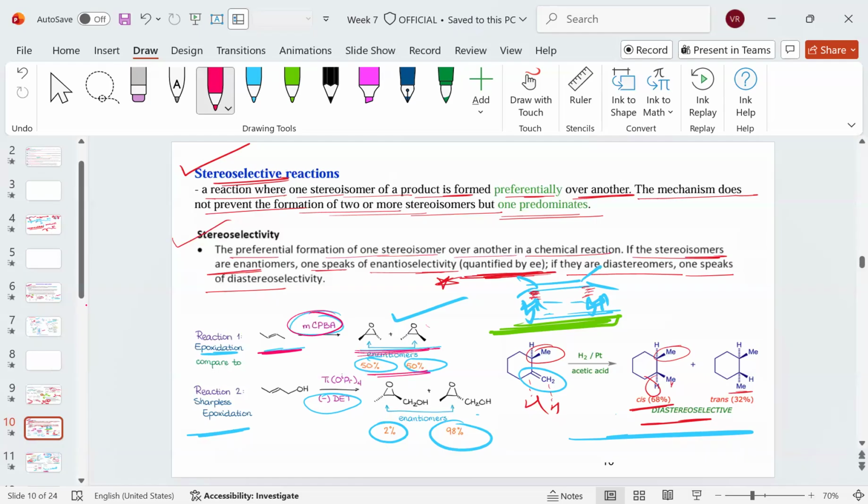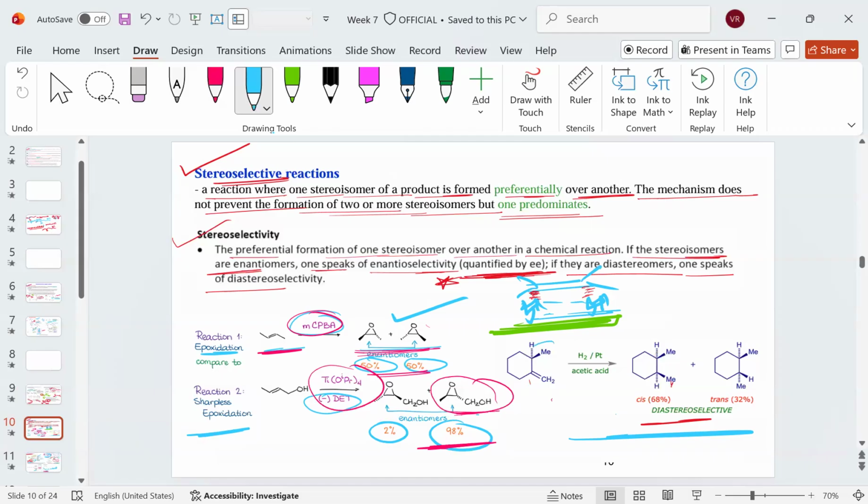But when we do the Sharpless epoxidation, using the diacetyl tartrate, we can increase the selectivity. We are getting 98% product formation, so only one enantiomer is obtained in the major amount. So this reaction we call a stereoselective reaction. Further, catalytic hydrogenation reactions are also a kind of stereoselective reaction.